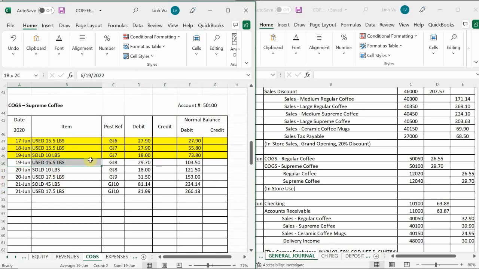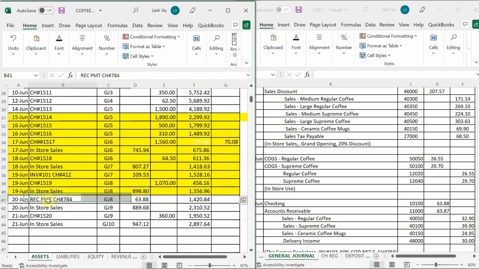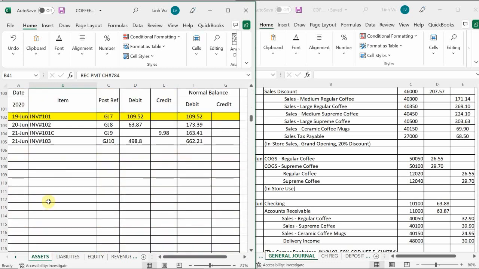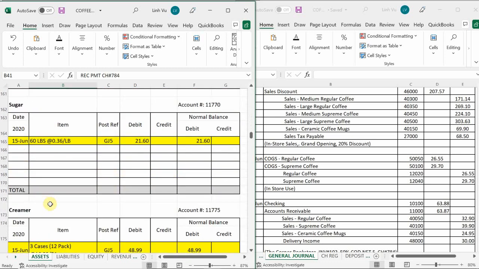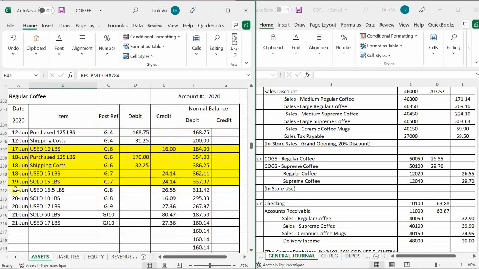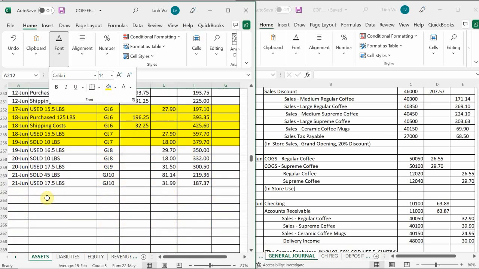Okay, we gotta go update my inventory for that. Regular coffee for the $26.55 right here. And then the Supreme for the $29.70 right here.